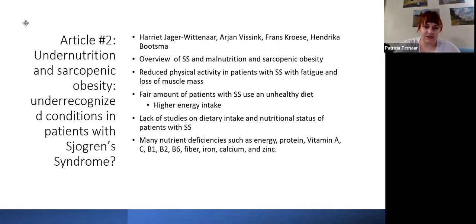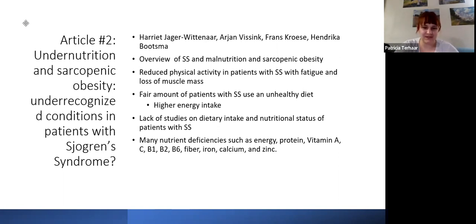There's a large lack of studies on dietary intake and nutritional status of patients with Sjögren's syndrome, which is what makes looking at undernutrition and sarcopenic obesity in these patients interesting, because even if there is that higher energy intake, it could be more liquid focused or more so items that help them produce more saliva rather than energy dense food items.